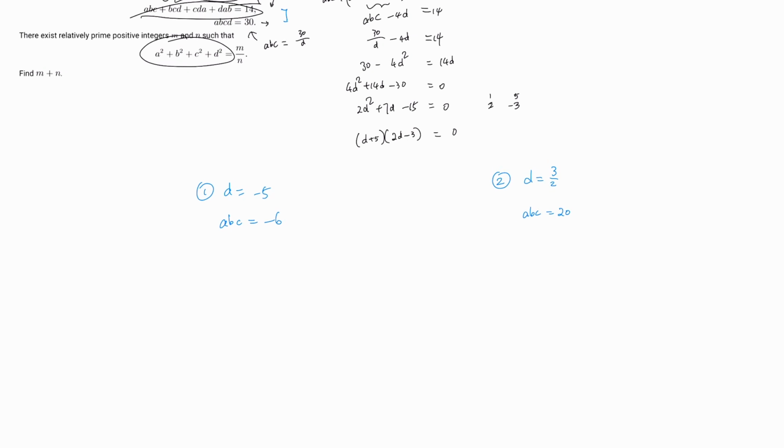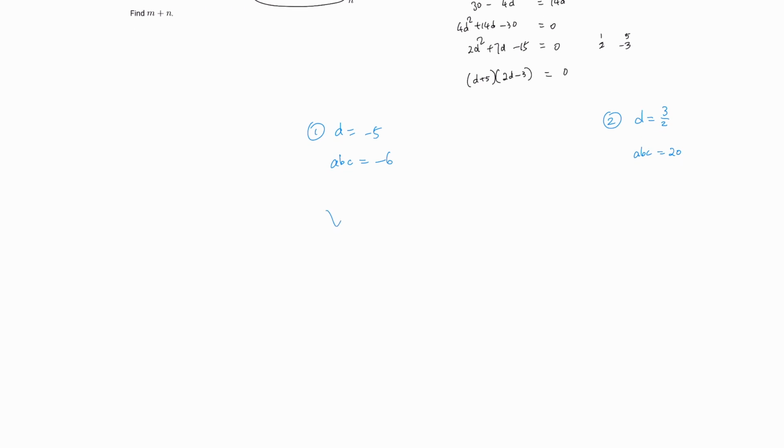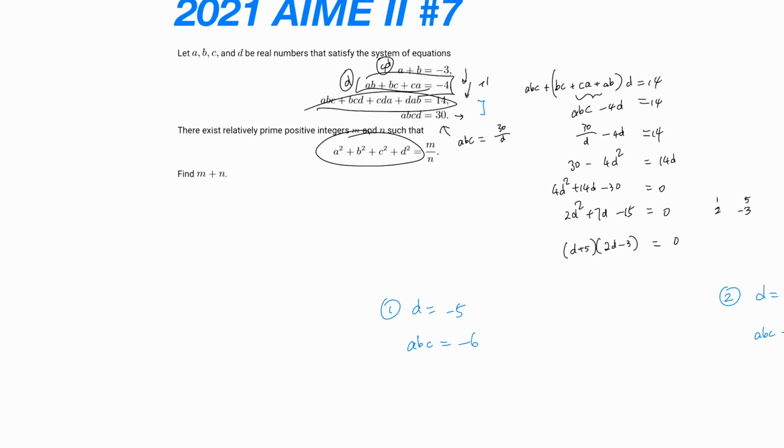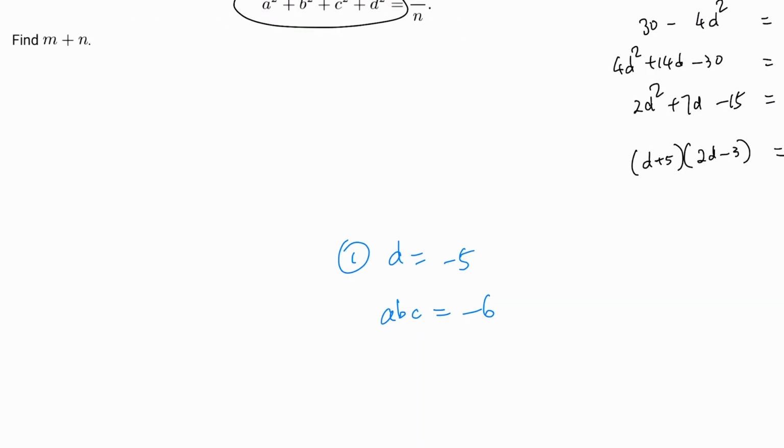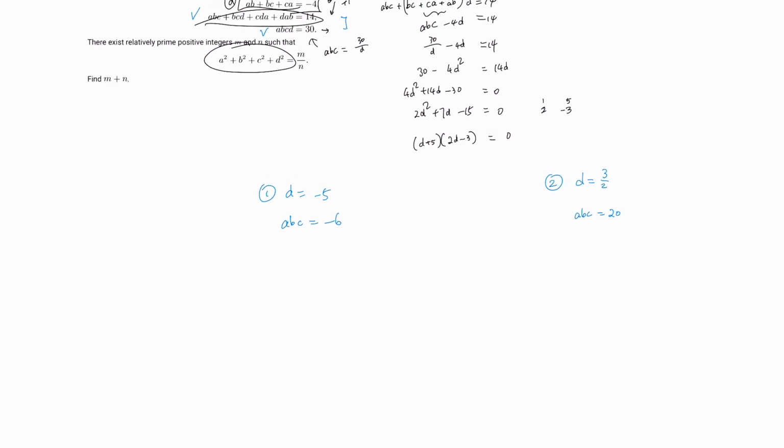Now, let's continue doing this over here. Now, we have used the last two equations. We kind of used this one, but we can utilize it even more with the information a plus b equals negative 3. We can say that we factor out a plus b, because in a plus b we are given this information.